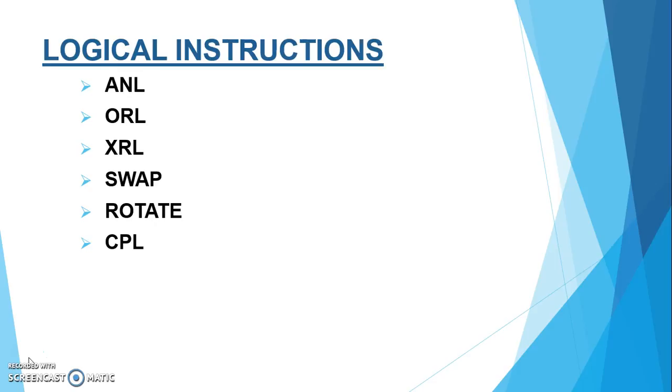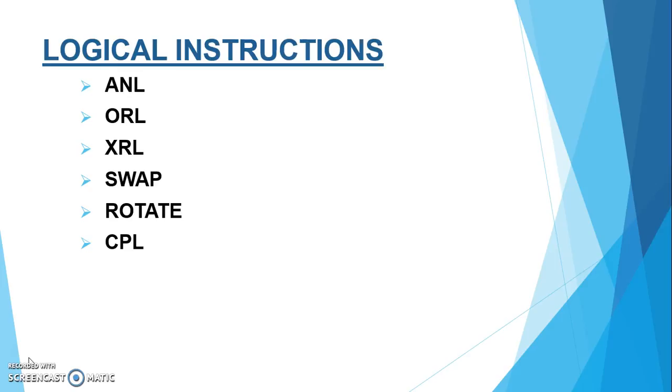This ANL is the mnemonic for performing logical ANDing between two operands. The way we do logical ANDing using an AND gate, a similar type of operation we can perform using the ANL mnemonic, and AN is the ANDing operation on the content.